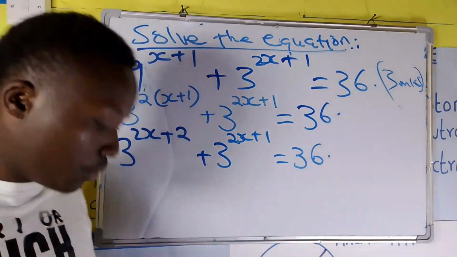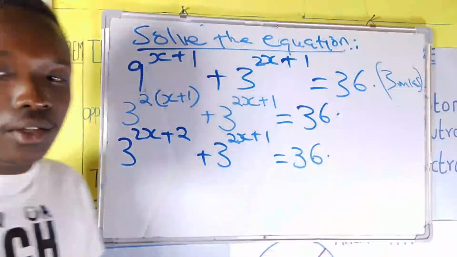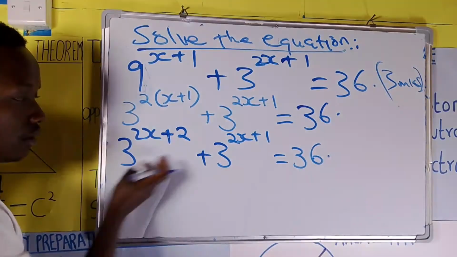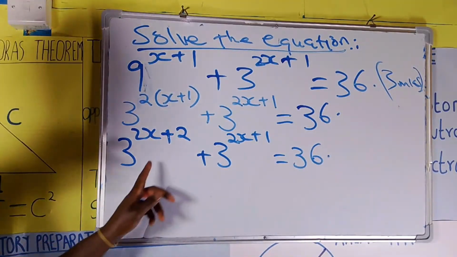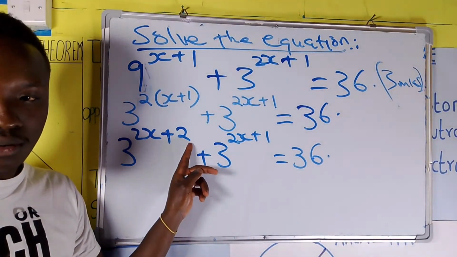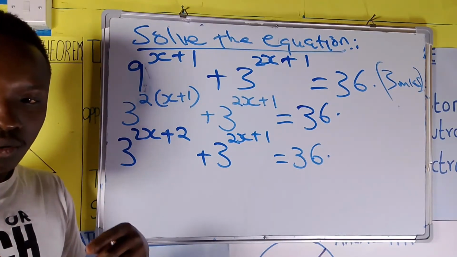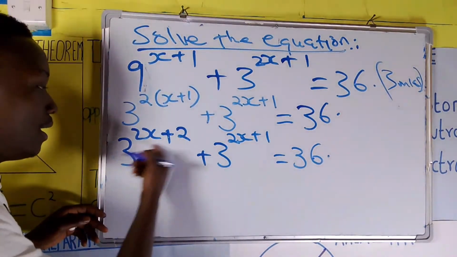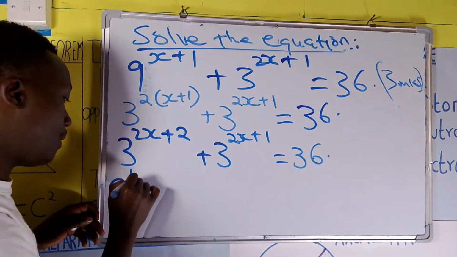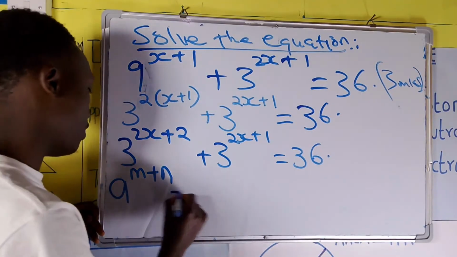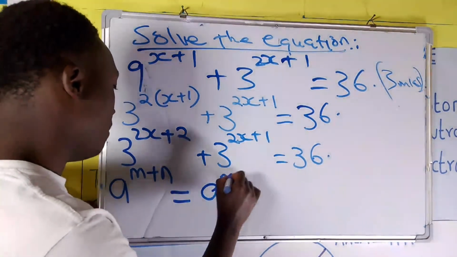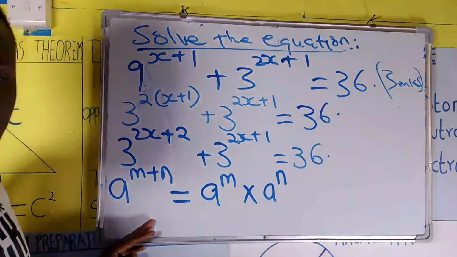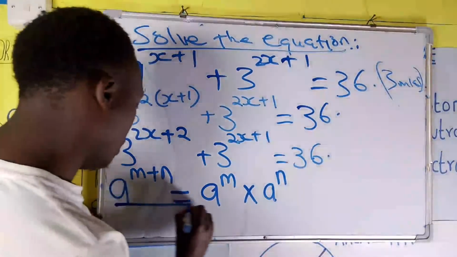So ikiwa hivyo, what we do here is tunafaa to split hii, tutoanishe hii, na kutoanisha hii, kama hapa kuna 2x plus 2, kumbuka from multiplication law tulisema a to power m plus n is equal to a to power m times a to power n. Si ndivyo tulisema kwa multiplication law? Hii tulisoma, ndio tulianza nayo.